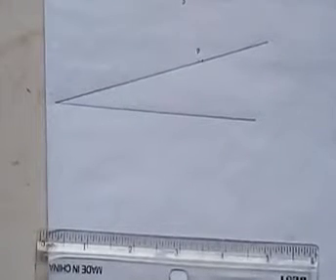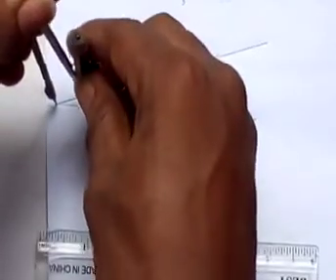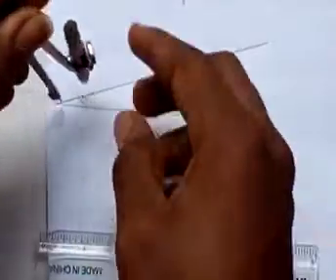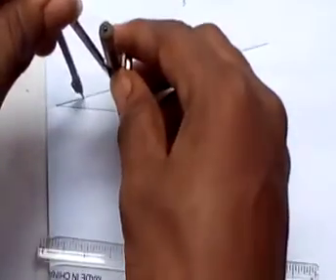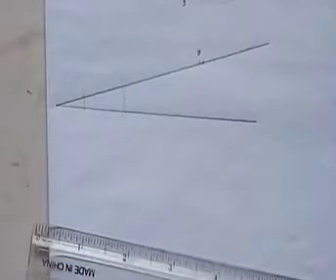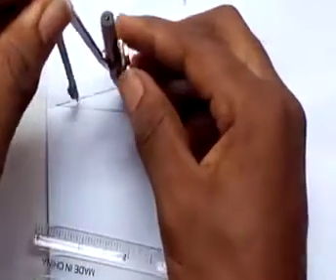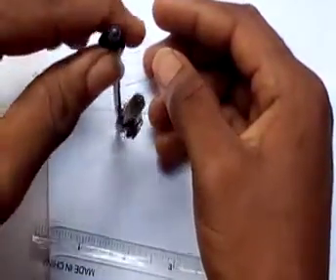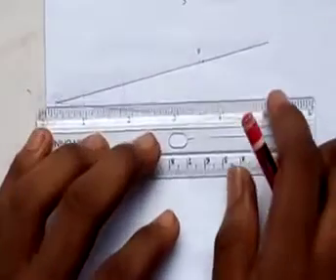Now the next step is to bisect the angle. Let's bisect the angle. This is the angle here. Bisecting it. So okay, let's there we go.